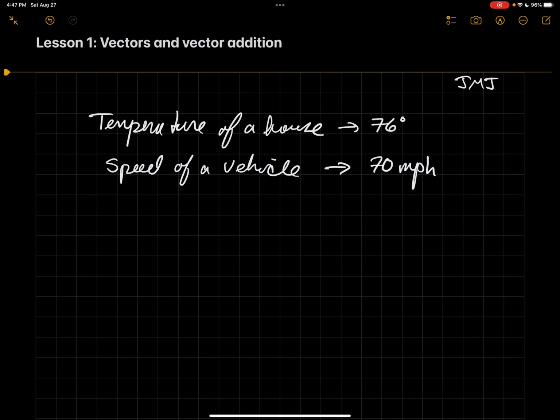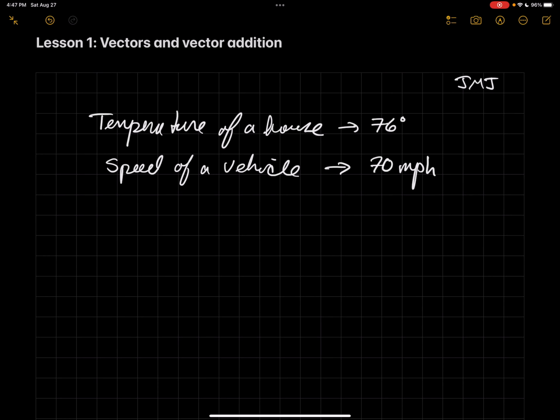So whenever we have a quantity that only provides one piece of information, or to say it another way, only requires one piece of information to provide the full description, we call those quantities scalars.